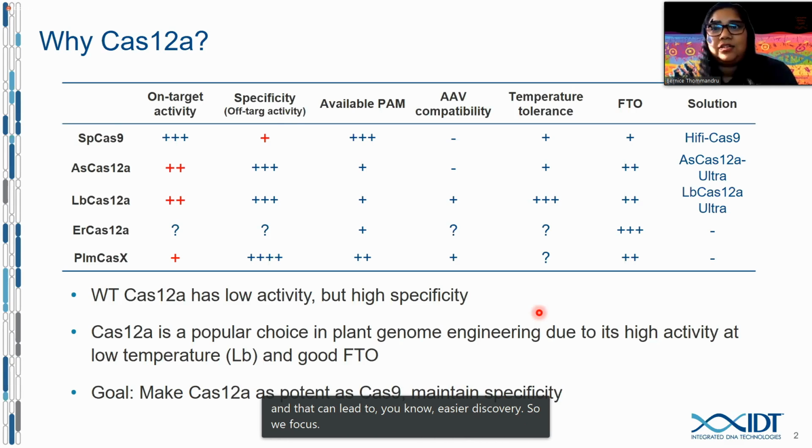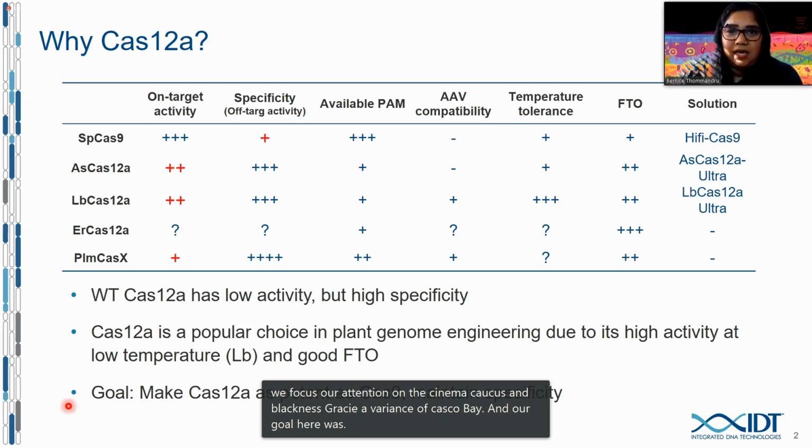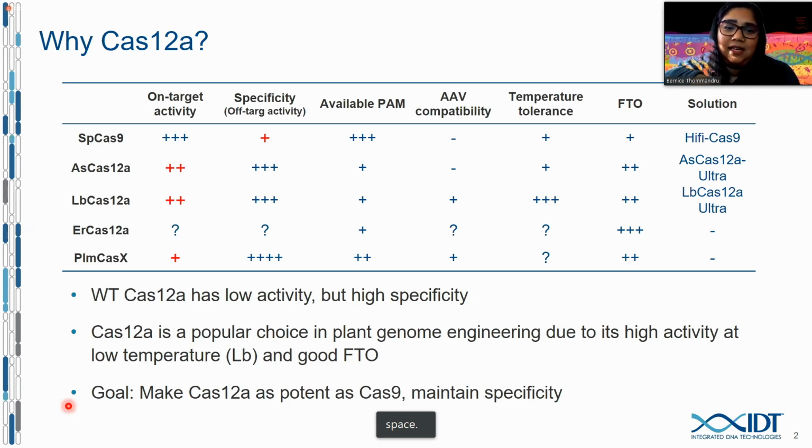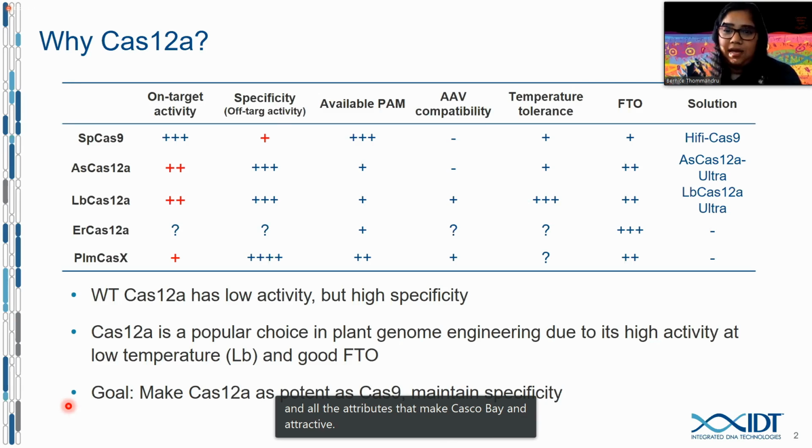So we focused our attention on the Acidaminococcus and Lachnospiraceae variants of Cas12a. And our goal here was to make a Cas12a that is as potent and reliable as Cas9, but also maintain the specificity and all the attributes that make Cas12a an attractive choice to begin with.